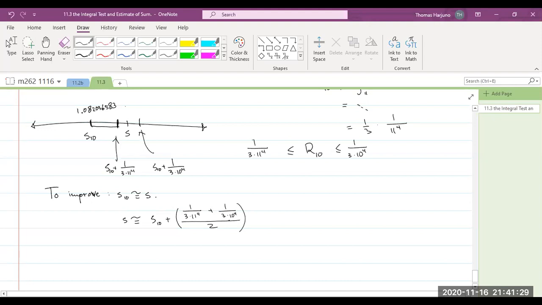Because I know I need to add at least this, at most that. I assume S is in the middle of those two, so I just get the average of that. So that's S10 plus 1/6 times 1 over 11 to the 4th plus 1 over 10 to the 4th.